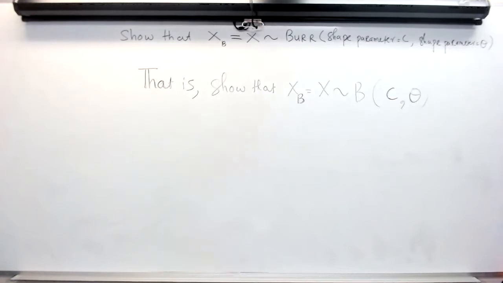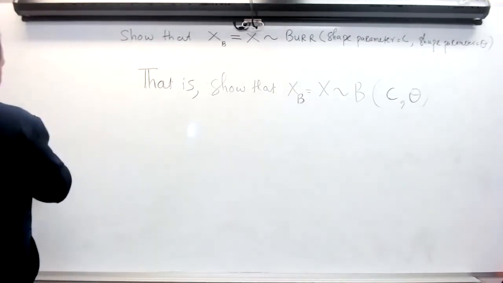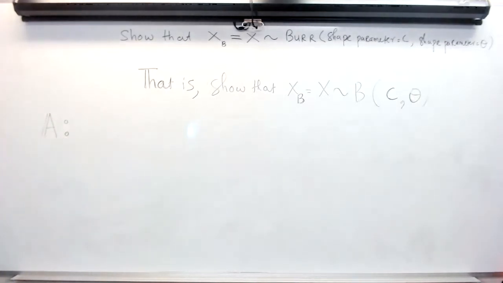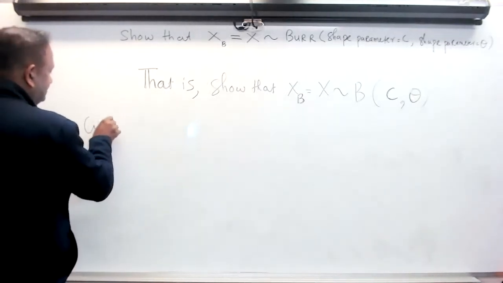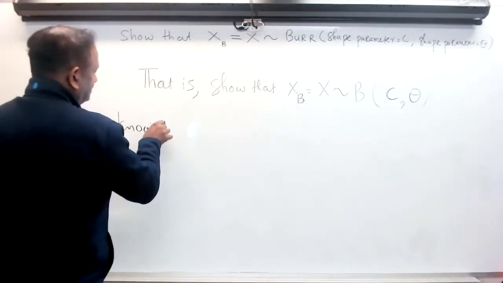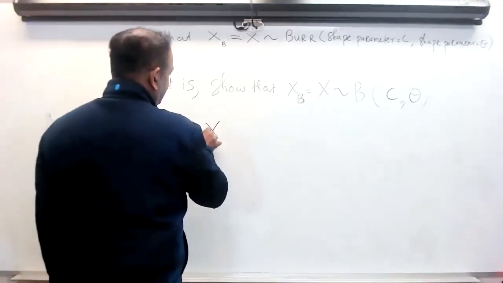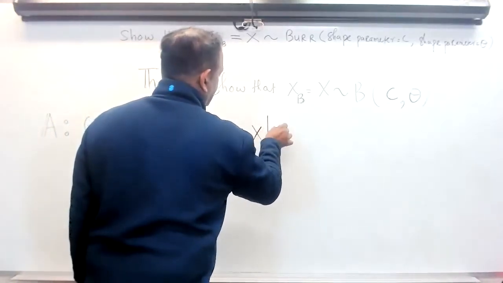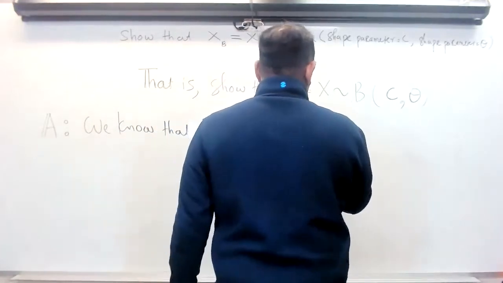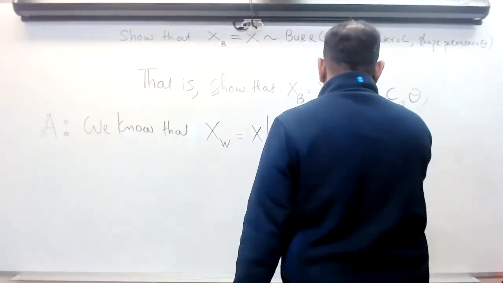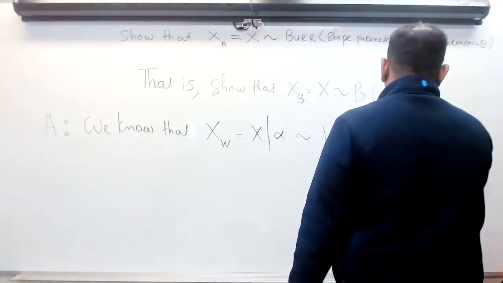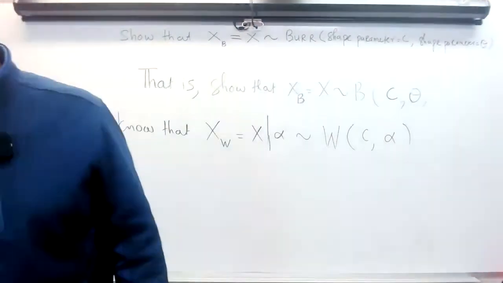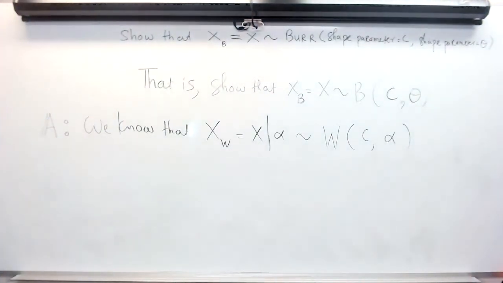So how do we answer this one? We know that XW, which is X given alpha, is Weibull distributed with C and alpha.